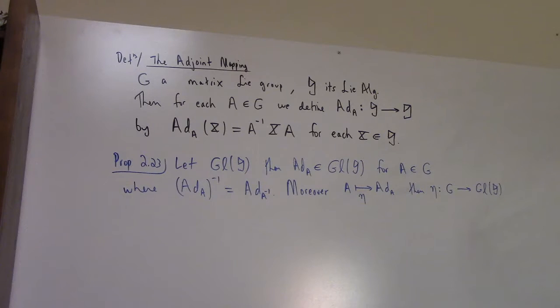Furthermore, for each A in the group, the adjoint of A satisfies that the adjoint of the commutator is the commutator of the adjoints.